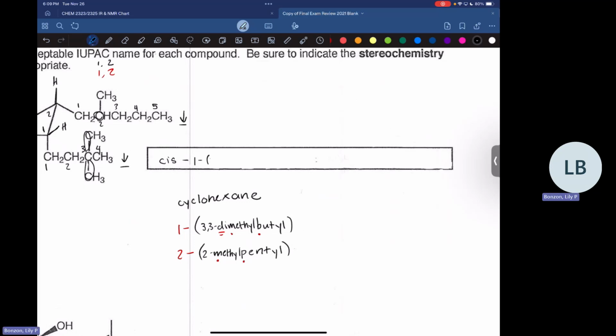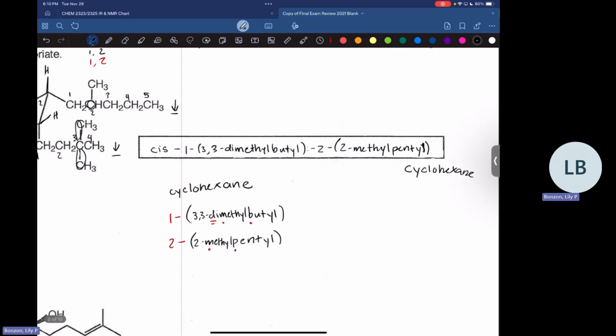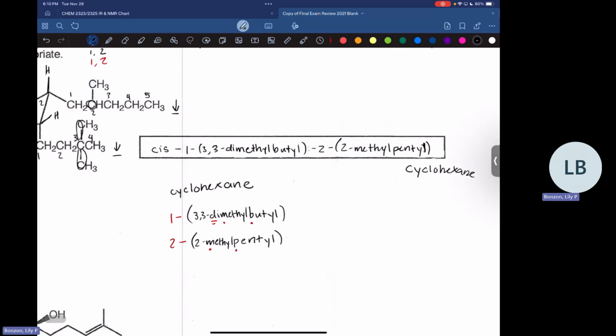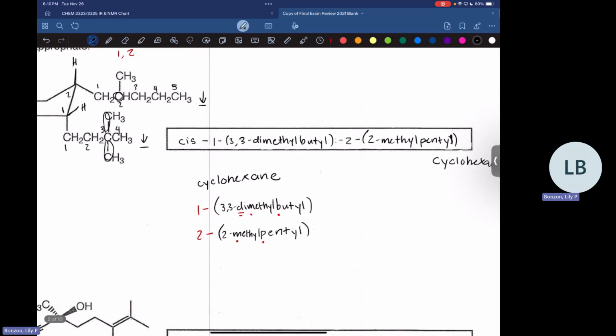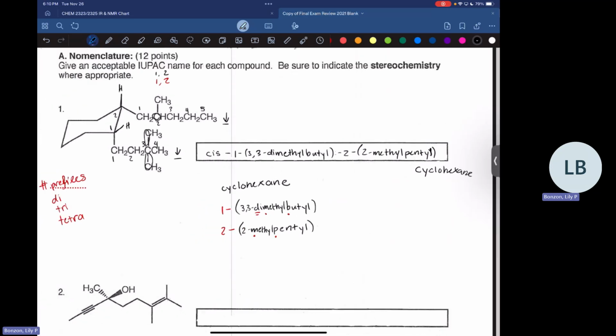So we're going to do 1-(3,3-dimethylbutyl), and then our other substituent was 2-(2-methylpentyl), and then our parent name was cyclohexane. I ran out of room, so I'm just writing it below, but it would just be directly off of the parentheses. You wouldn't have a dash in between. So this is going to be our first nomenclature question.